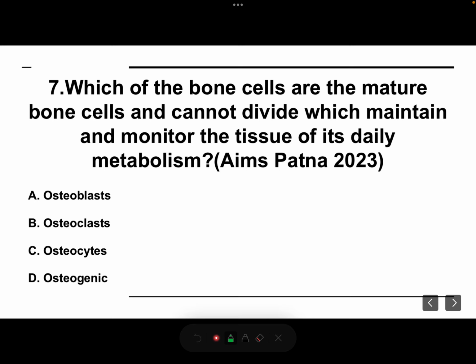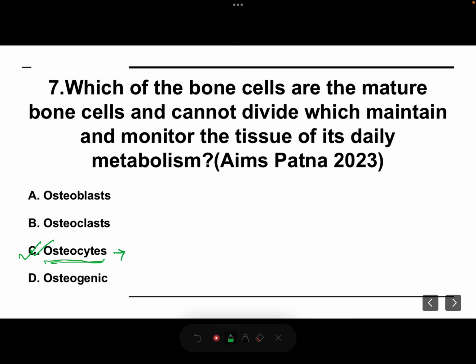Option C, osteocytes. Actually, osteocytes are terminally differentiated from the osteoblasts, embedded in the matrix. They sense mechanical stress and regulate remodeling via canaliculi, but they do not proliferate.